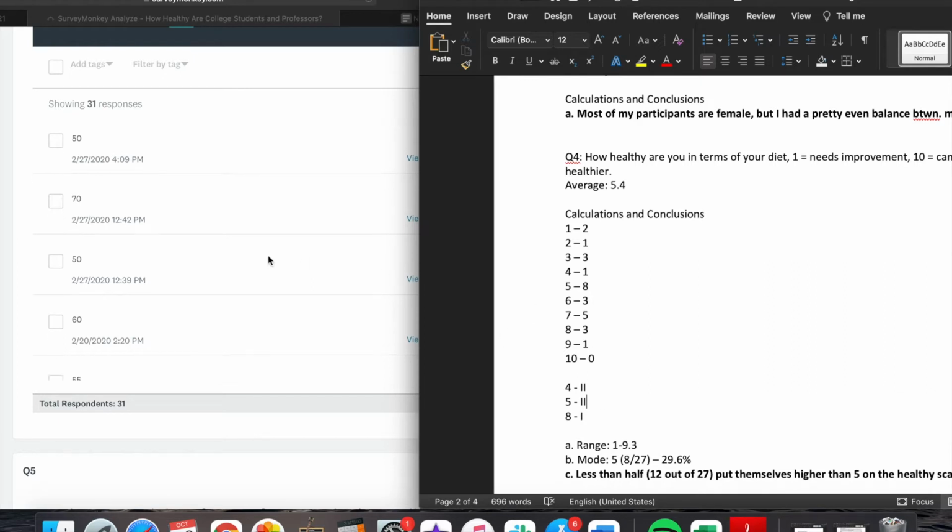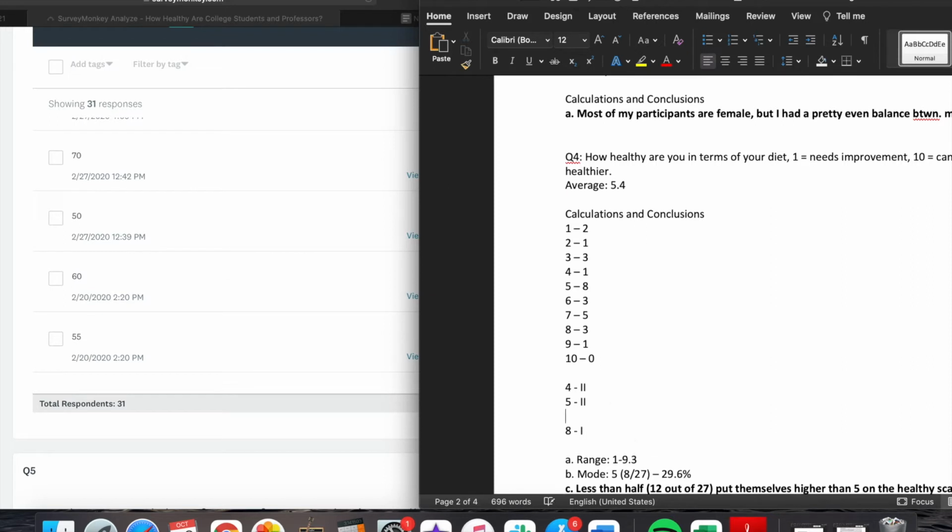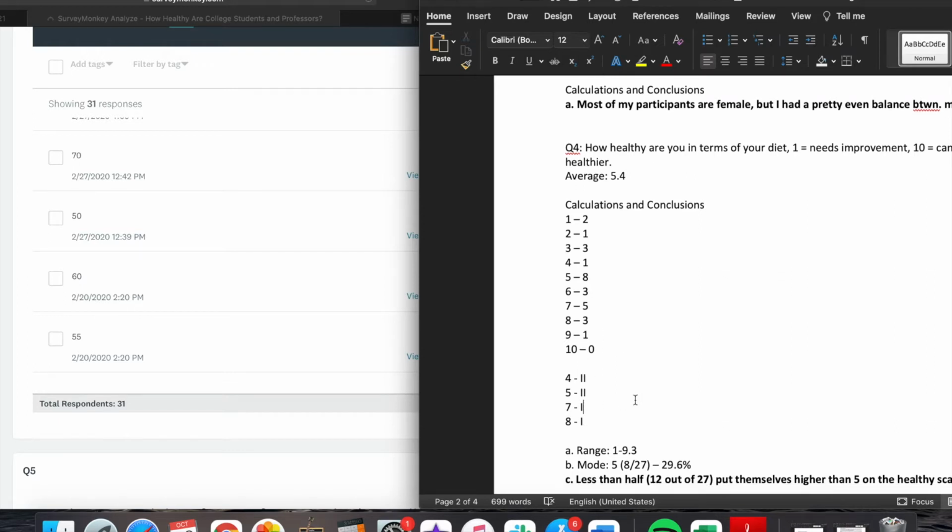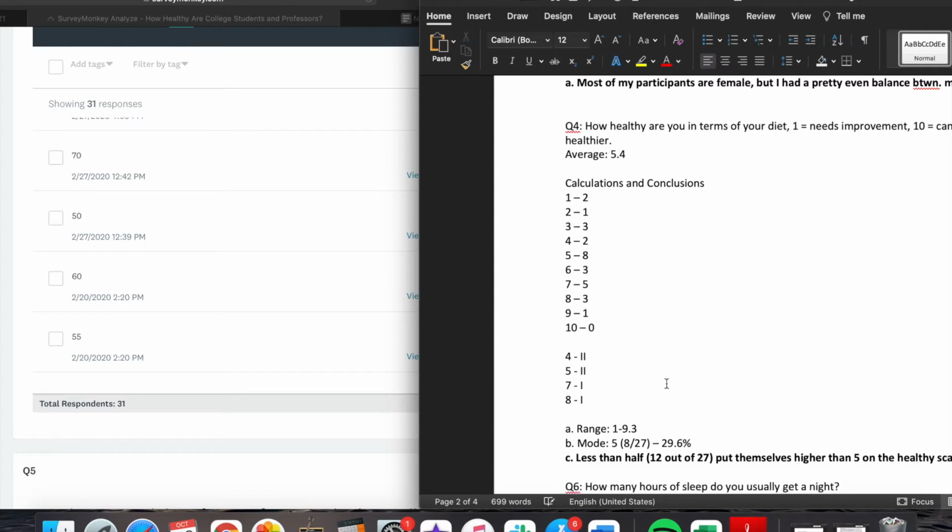You have to make tallies, right? Then I have a 7, 7 is 1, and so eventually I counted this up. Okay, so I'm counting these, so I have more, right? Because I eventually have 8 5s, but I'm not going to go through it.